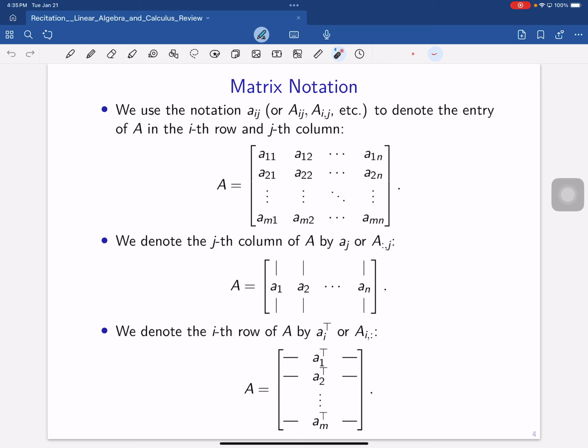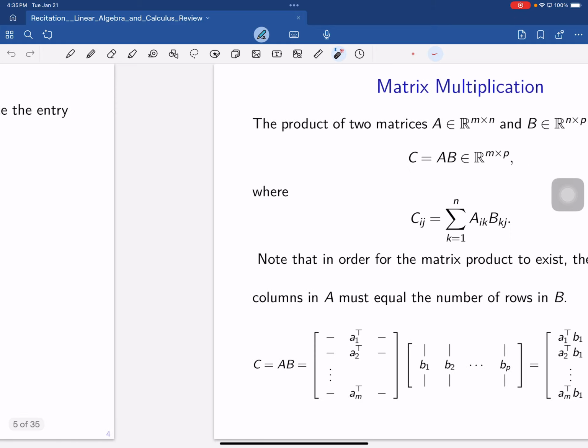Typically, if you write a row vector, you use a transpose instead of a, right? So by default, a column vector is a, a row vector is a transpose. So now it has m different rows, right? Now the a and the a_1 here are different, because one represents all the columns of A, the other represents all the rows of A. Okay, this is just a notation.